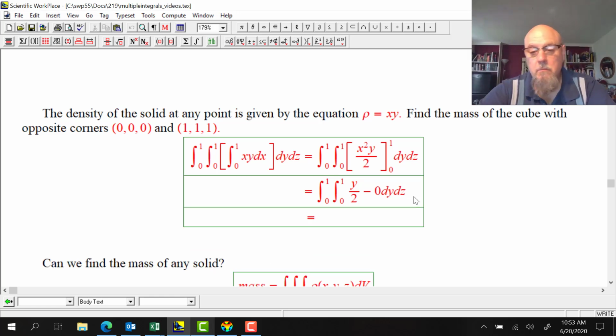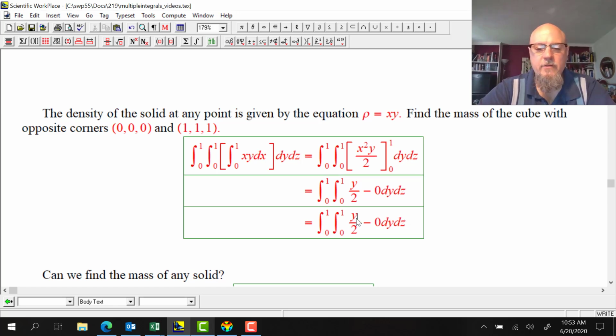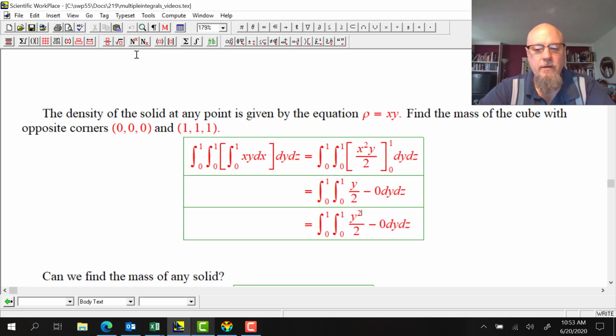So now let's do our integration with respect to y. With respect to y, that's going to be add 1 to the exponent, divide by what's up top. Let's get rid of that minus 0.